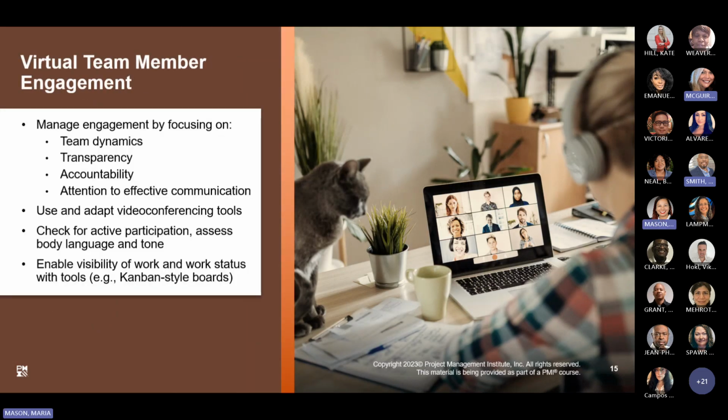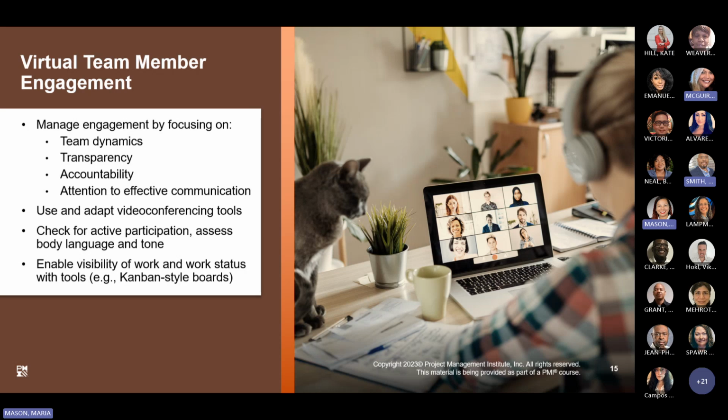Virtual team member engagement. Managing engagement with virtual team members requires persistence and a focus on good team dynamics, especially transparency, accountability, and active attention to effective communication. So, as I said earlier, teams communicate better face to face.